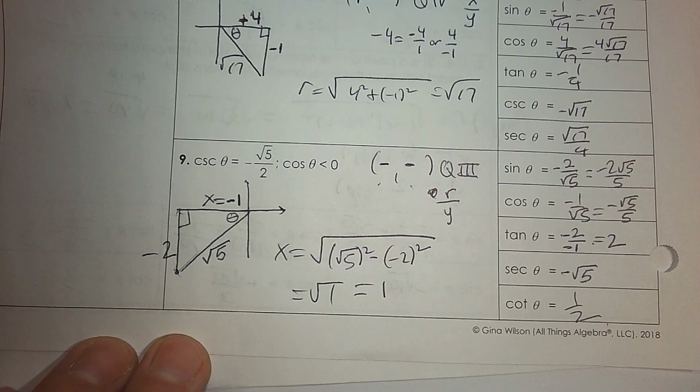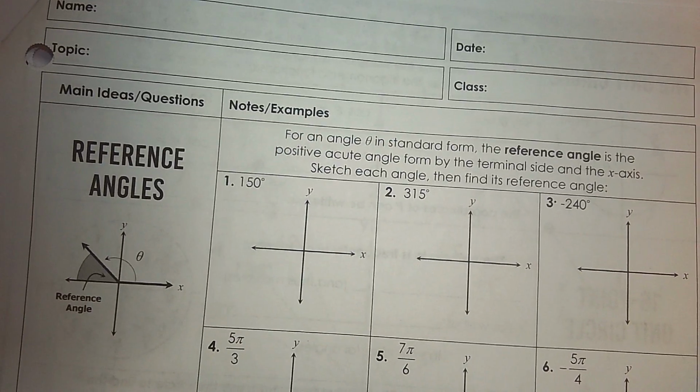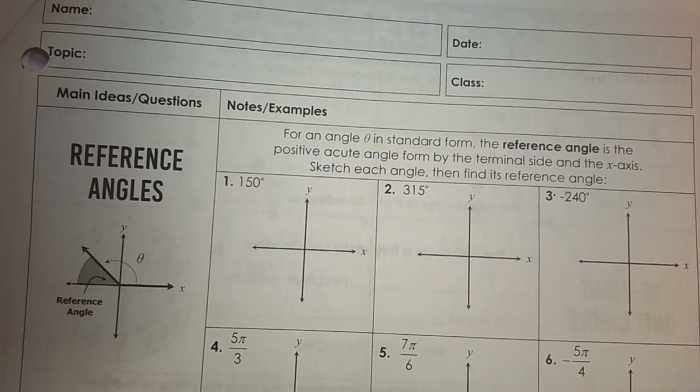All right, turn the page. Next part of the lesson, understanding the concept of what a reference angle is. A reference angle is always acute, and a reference angle is always made with a horizontal. So when you draw an angle, if that angle is acute, then that angle is a reference angle.